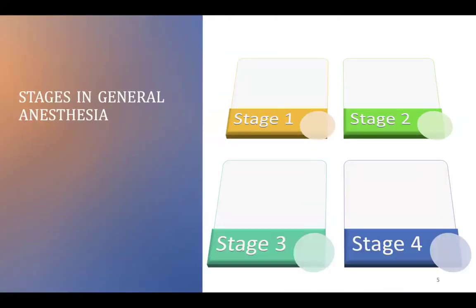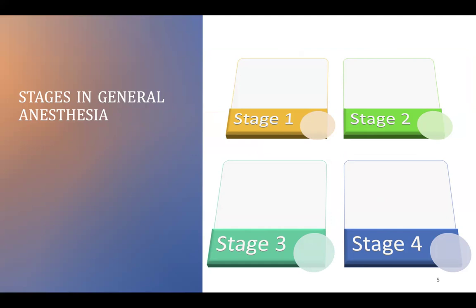Also, when the drug is given, usually we seem not to realize that there are stages the patient goes through before we decide that the patient is ready for surgery. There are usually about 4 stages, though we don't require the 4th stage.